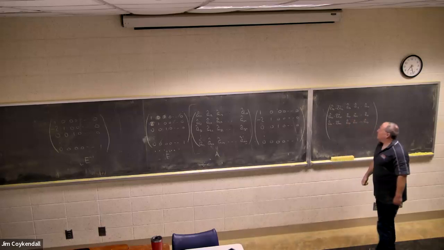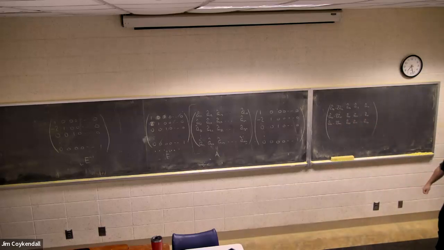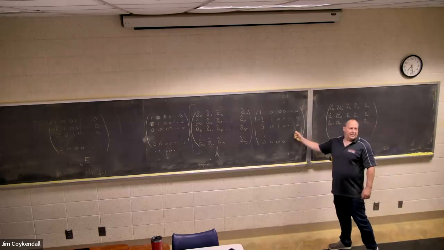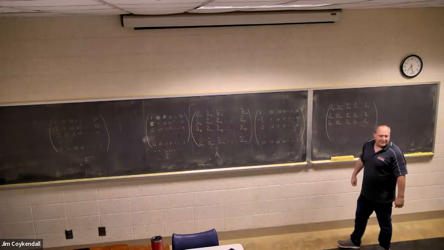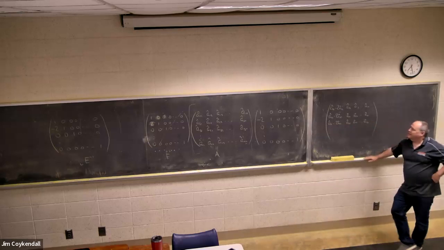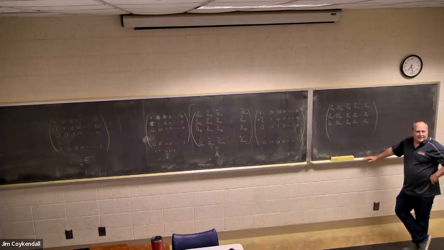So what's going on here? What's the relationship here? What does this matrix do on the other side? You take -2 times the second column and add it to the first column.